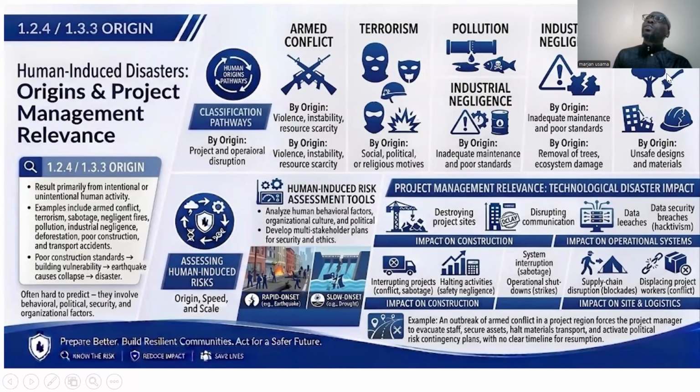Poor construction basically is all about when you are building a house, the project managers need to be there. The architects need to be there. The engineers, it needs to be approved. But in our countries, people build houses without consulting the relevant authorities, without getting the license. They just build.